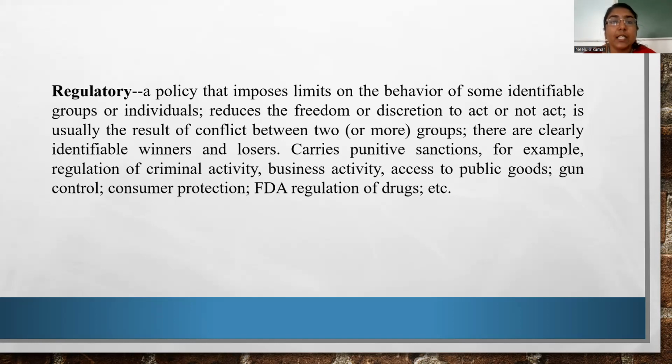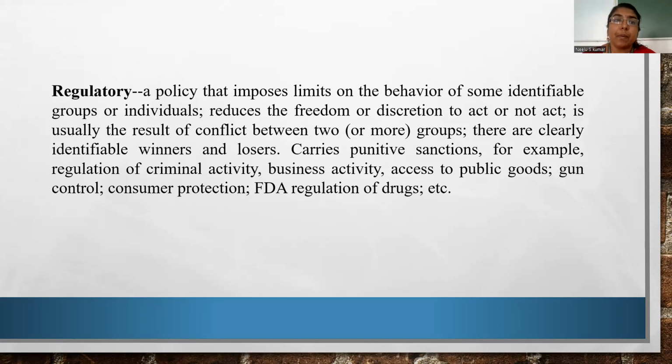It's usually the result of conflict between two or more groups. There are clearly identifiable winners and losers. Examples include regulation of criminal activity, business activity, access to public goods, gun control, consumer protection, FDA regulation of drugs, etc., which come under this particular category.